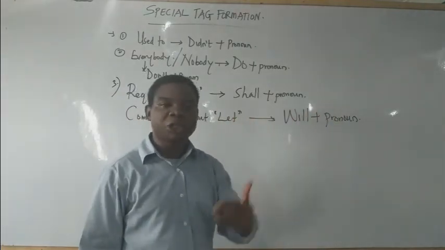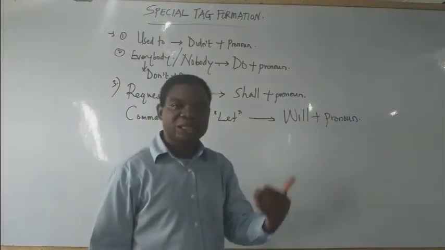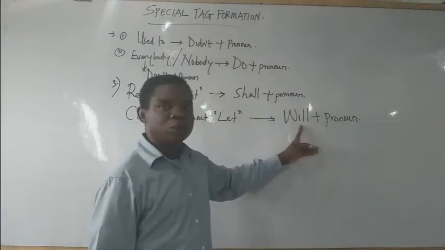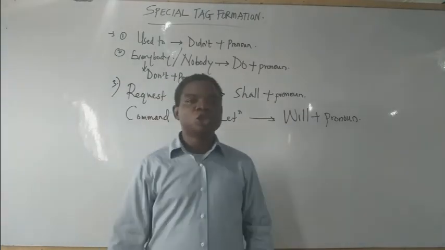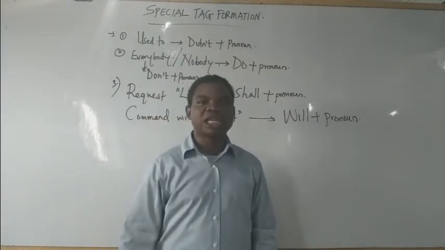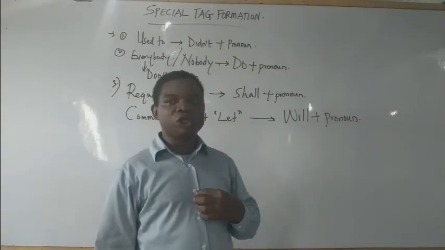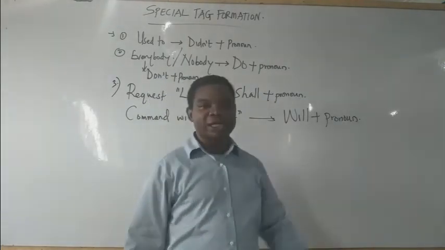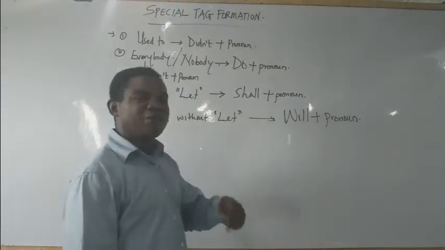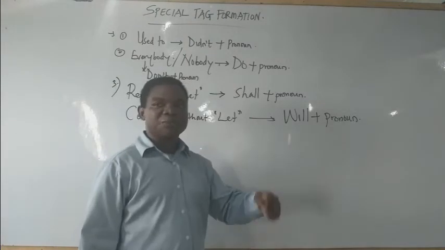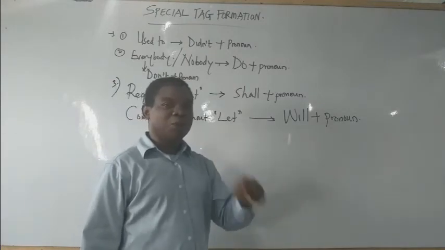"Keep your mouth shut." "Will you?" "Sit." "Will you?" "Stand." "Will you?" If I say, "You may kiss your bride," the answer is "will you?" Why? It's a command. So whenever you have a command without "let", the response will be "will" plus a pronoun.